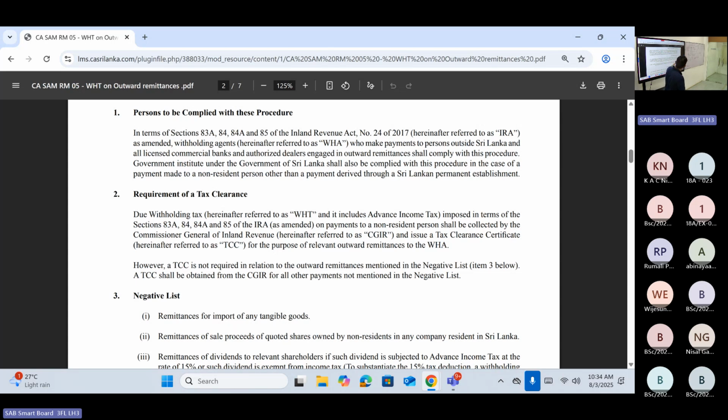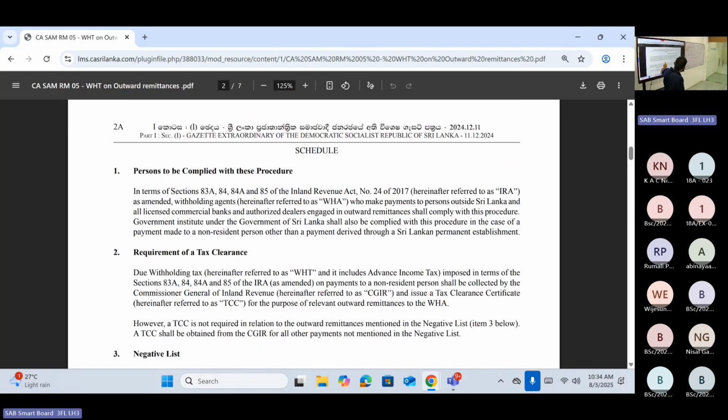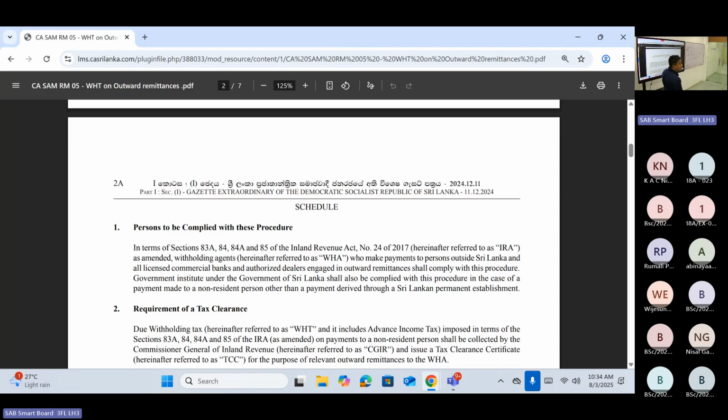There are some payments that are not subject to withholding tax. If they are in the negative list, it is not necessary to apply for the tax clearance, because this direction has been given to the bank and the authorized dealer making the foreign remittance. They are not authorized to send money without getting the tax clearance from the Commissioner.